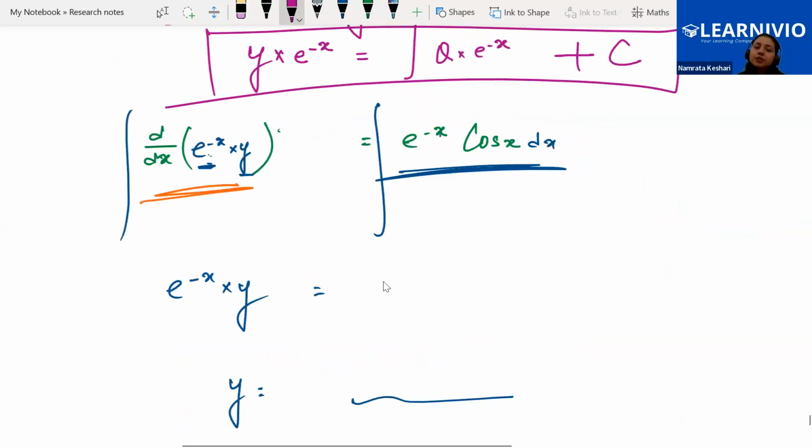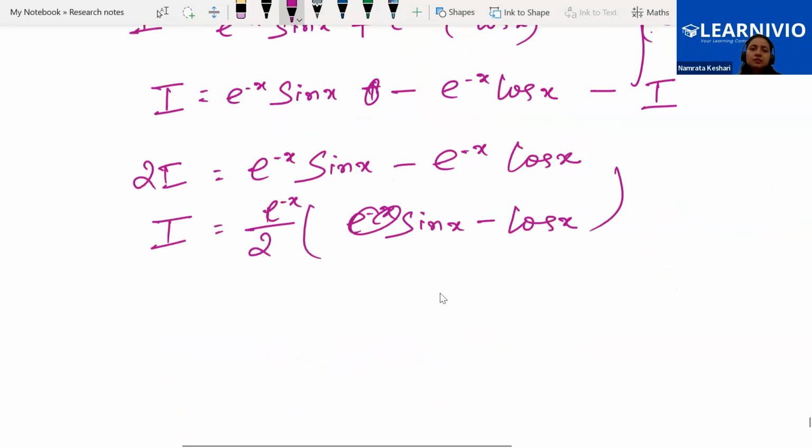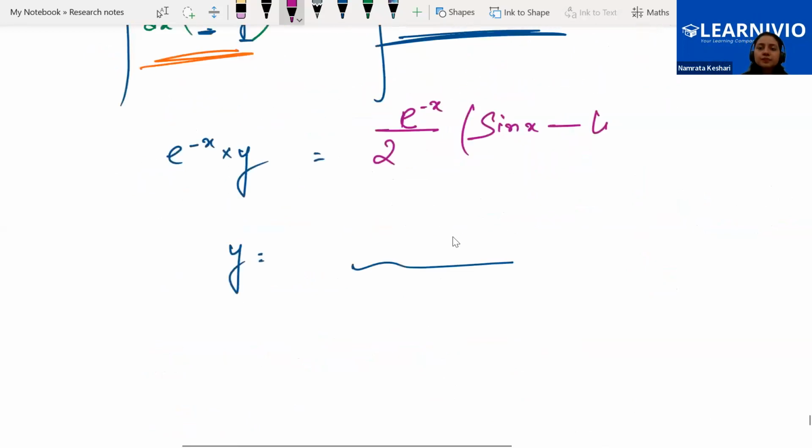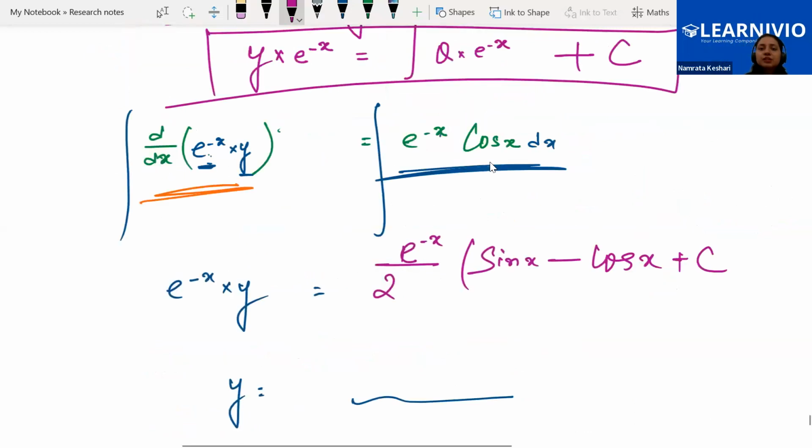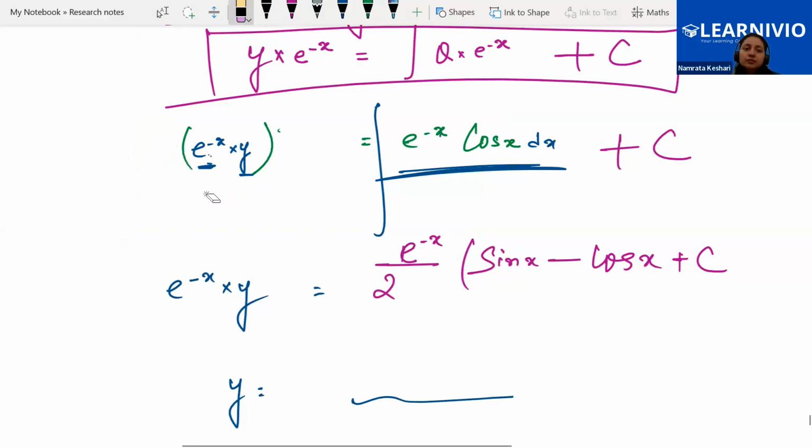Here 1 by 2 e to the power minus x is there, sin x minus cos x is there, right? Plus c. We must write c over here directly, the constant of integration. And this is what we are getting.